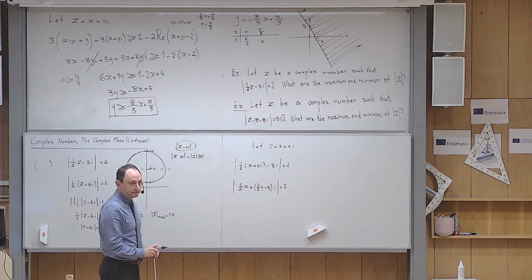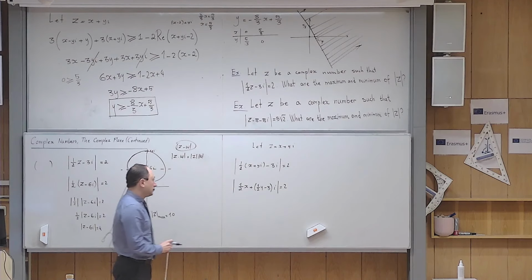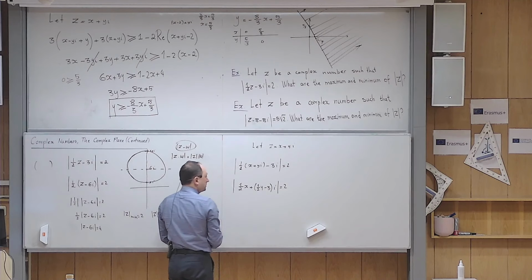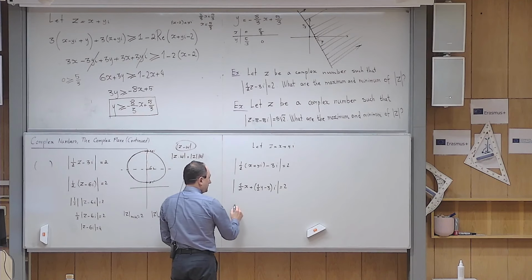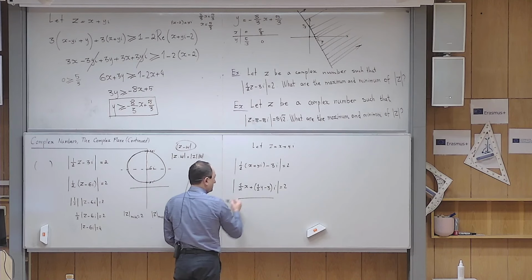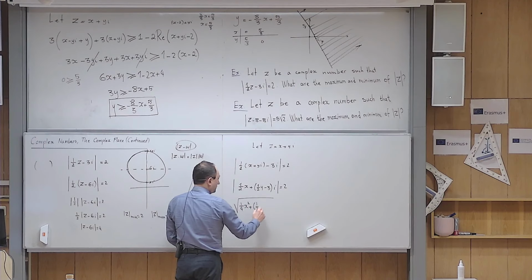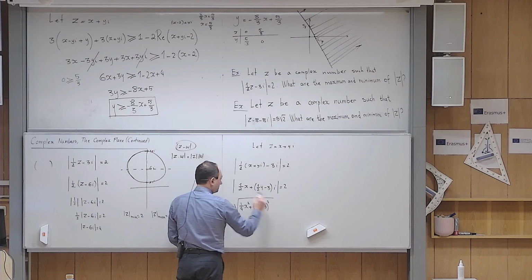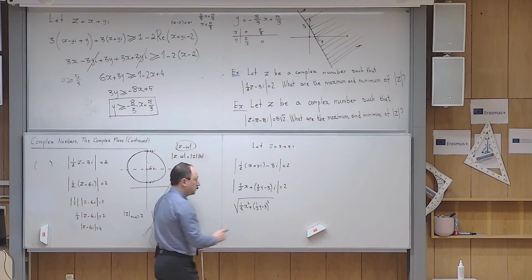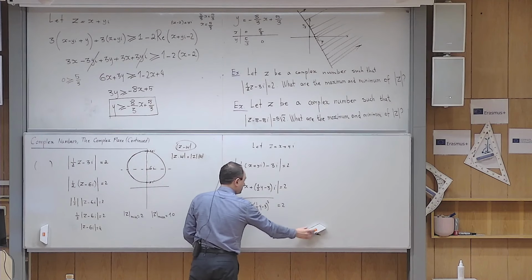Yes? Okay, and then the absolute value of this, you know what is that? It is the square root of the real part squared, which is 1 over 4x squared, plus the imaginary part squared, which is this one squared. Yes? And on the right hand side, you will have 2.